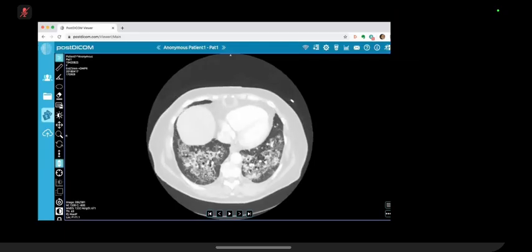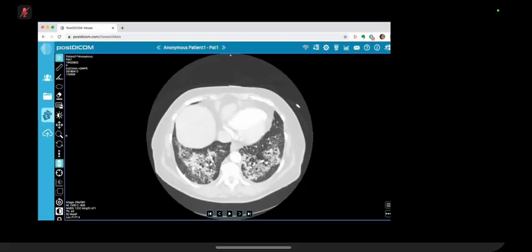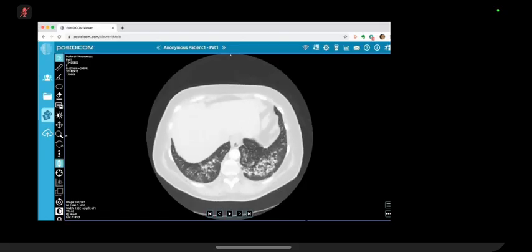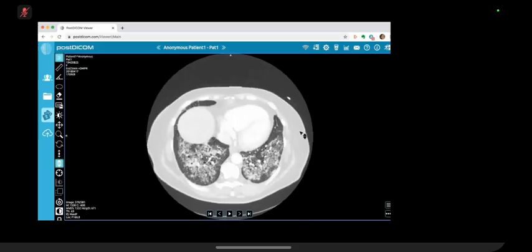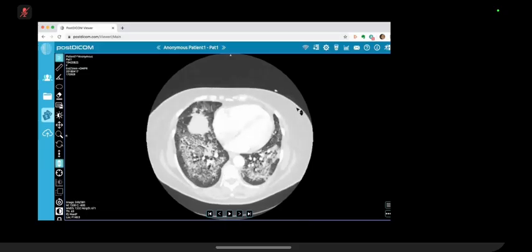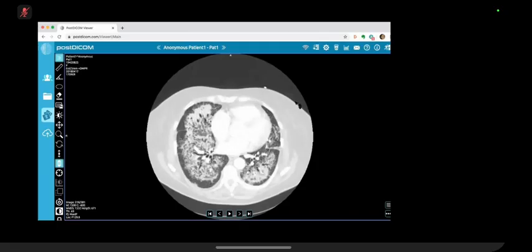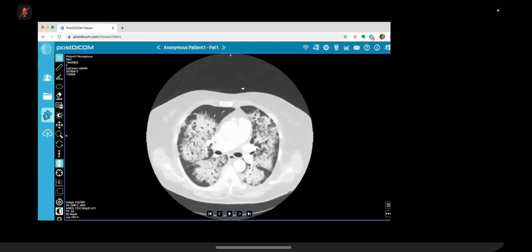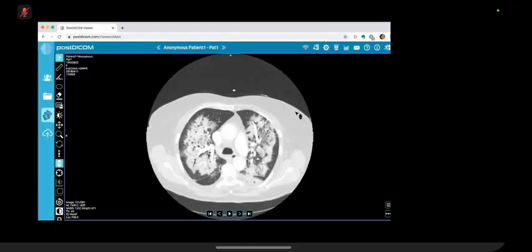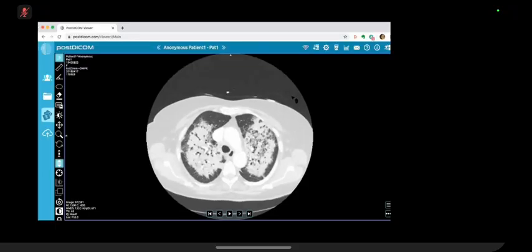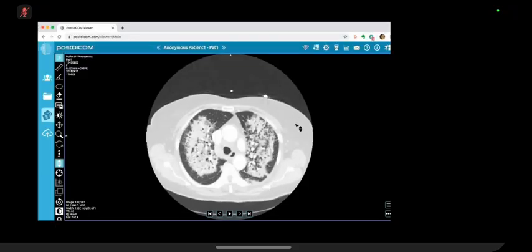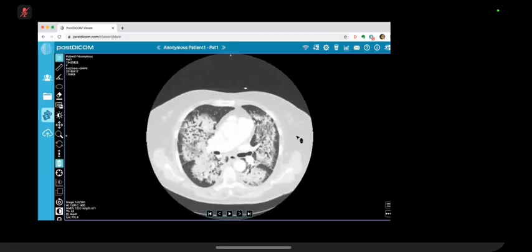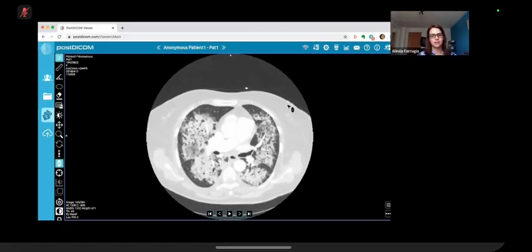There is definite subpleural sparing of the lung parenchyma, and there's bilateral pulmonary consolidation with air bronchograms as well. More perihilar distribution, and central, isn't it? Both lobes. Quite symmetrical, isn't it? Yeah, they are quite symmetrical.